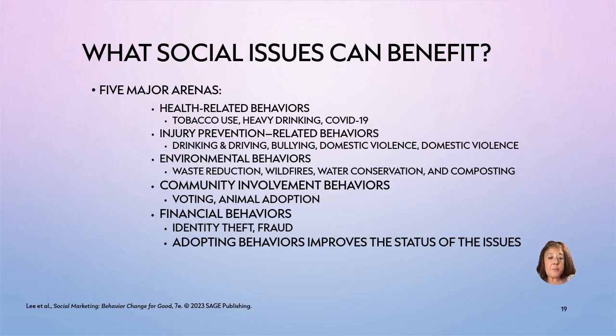There are also environmental behaviors like littering, protecting wildlife habitats, wildfires, water conservation, and air pollution. Community involvement behaviors include organ and blood donation, voting, homelessness, and pet adoption. And then there are financial behaviors that could include identity theft and fraud. Increasing the adoption of desired behaviors can improve the status of each of these social issues.